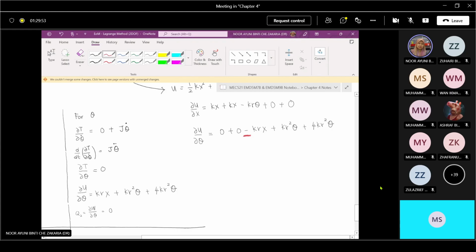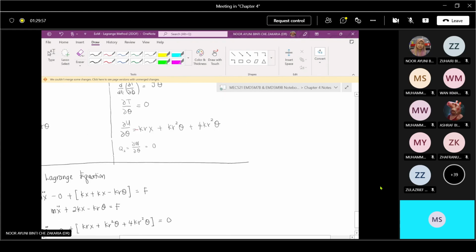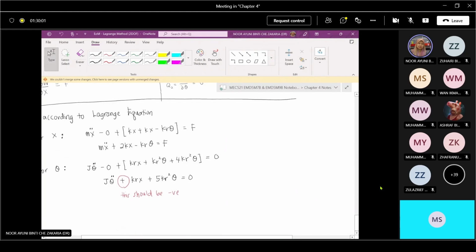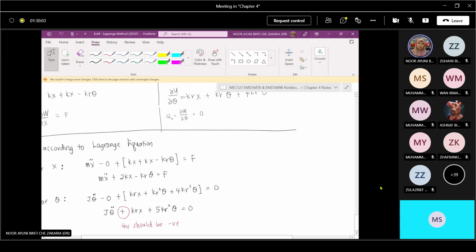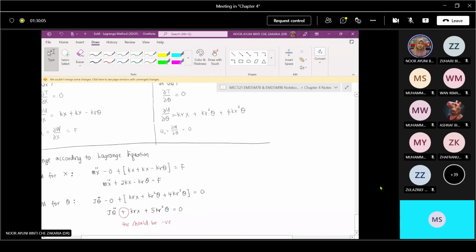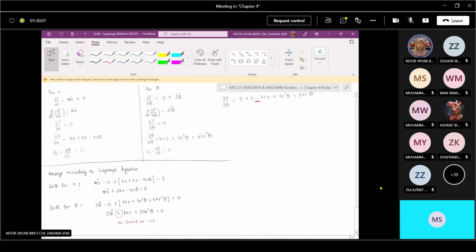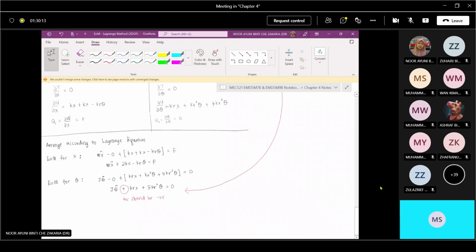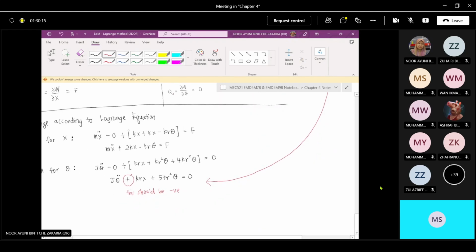I have negative here, so I put negative here. Saya tinggalkan dalam merah ya.